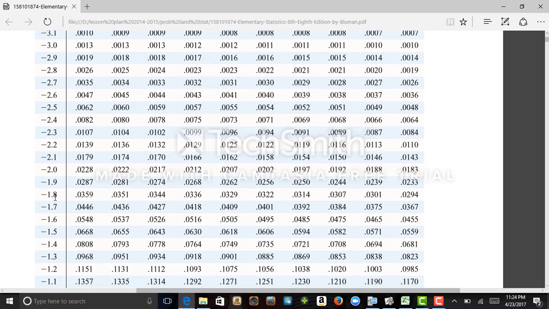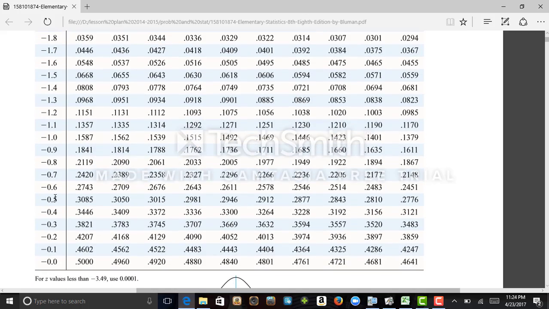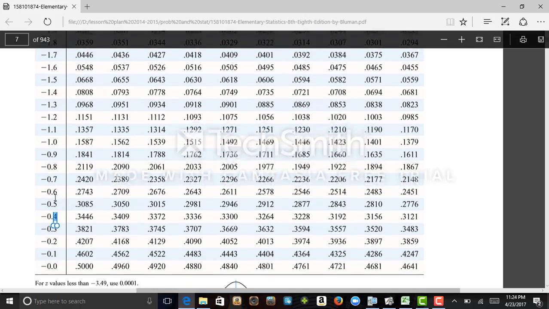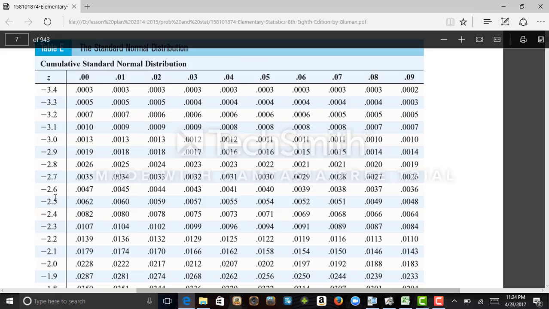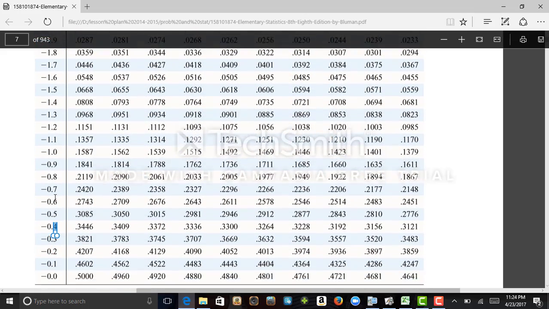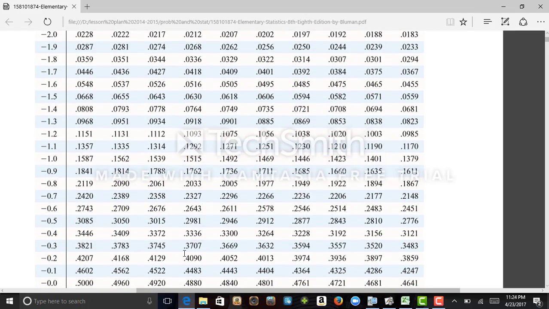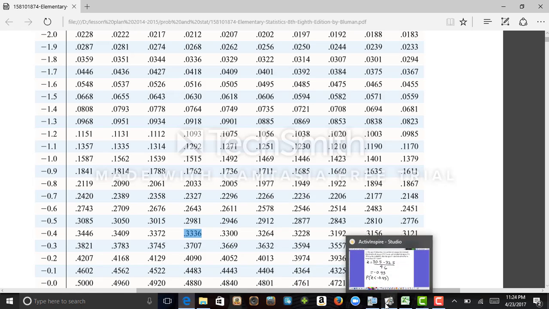So we're going to find negative 0.4 on the left and 0.03 on the top, and the intersection is 0.3336. So the probability of z less than negative 0.43 is 0.3336.